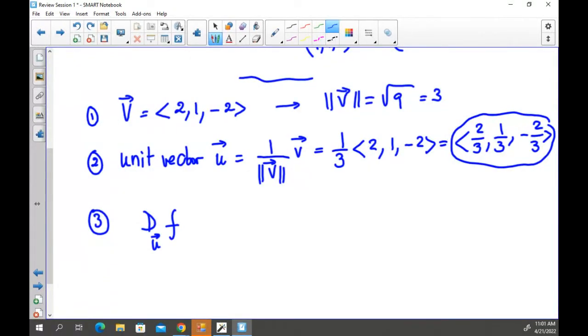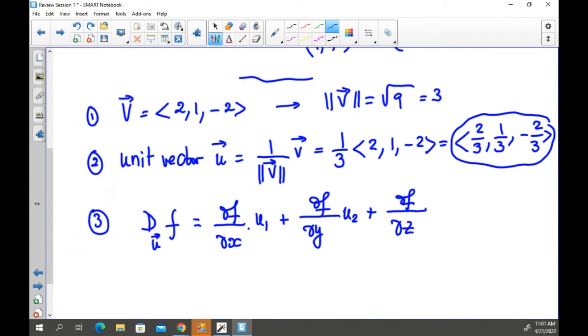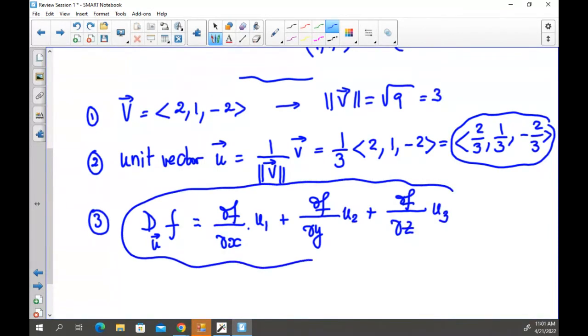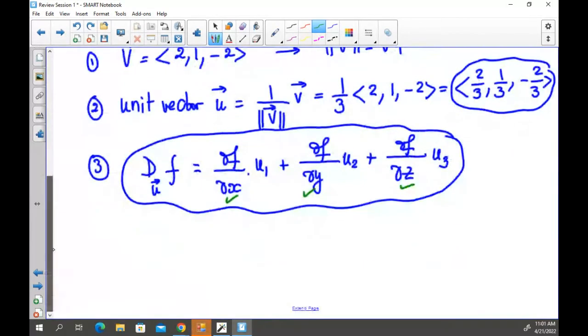Directional derivative is generally speaking df over dx multiplied by u1 plus df over dy multiplied by u2 plus df over dz multiplied by u3. So what we need now is really these partial derivatives.